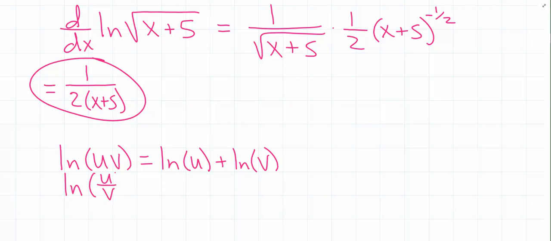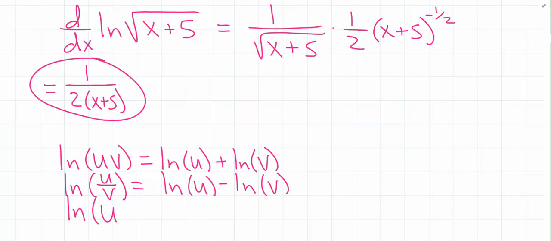Now if we've got log of u over v, that's going to be log of u minus log of v, like that. And then the other property we'll use a lot is the log of u to the r, where we can bring the r out front. Okay? So maybe we can make use of those properties to make some of the differentiation easier.